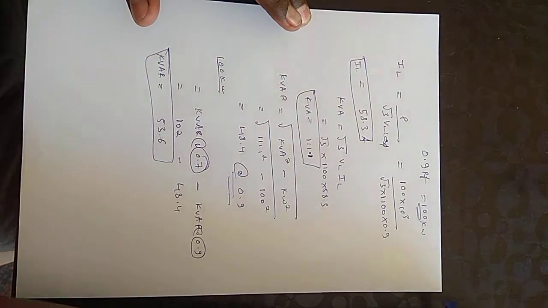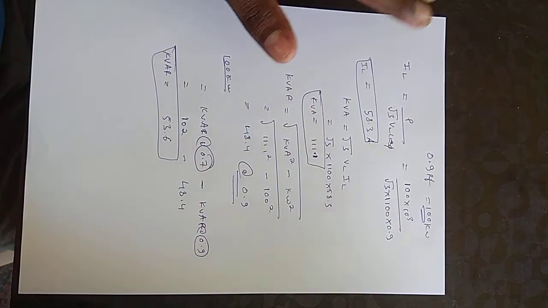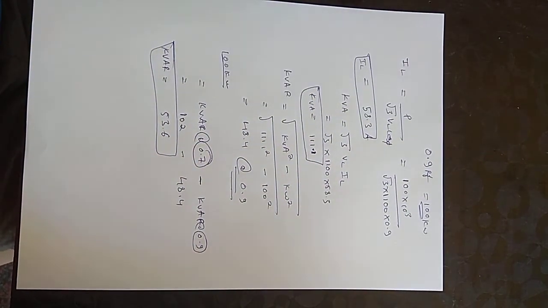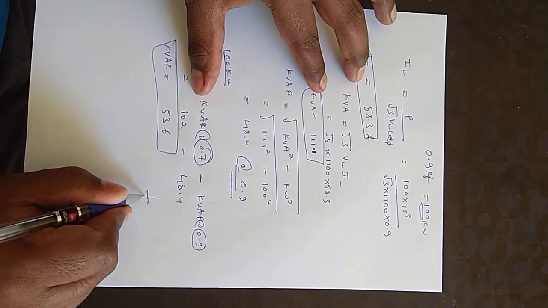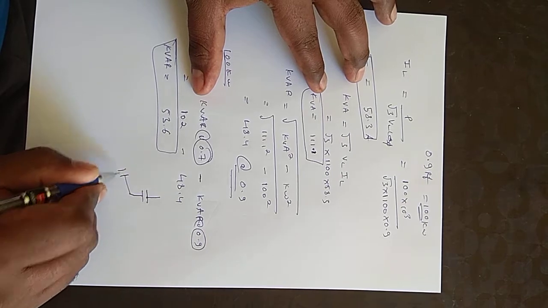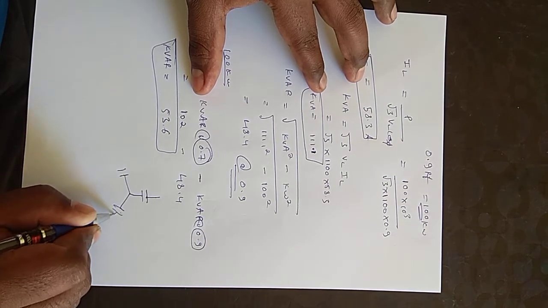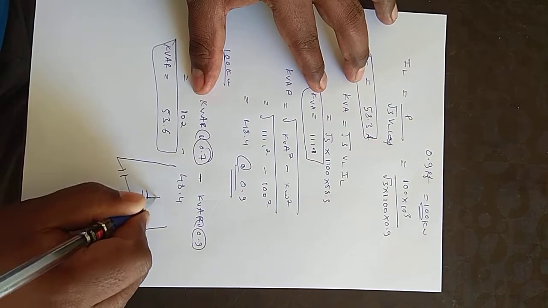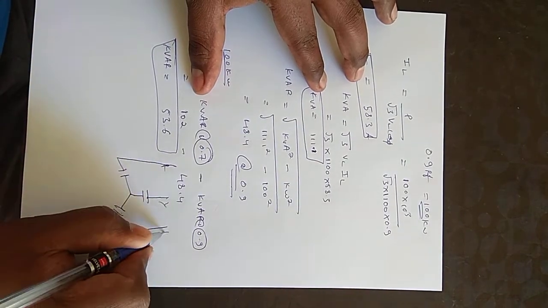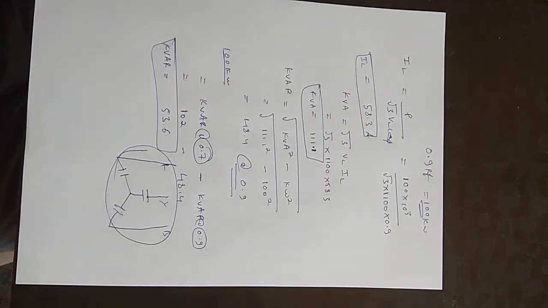This has to be added evenly for all three phases, R, Y and B, and it should be done in a star format. This is the value of kVAR that we need to add to increase the power factor from 0.7 to 0.9.